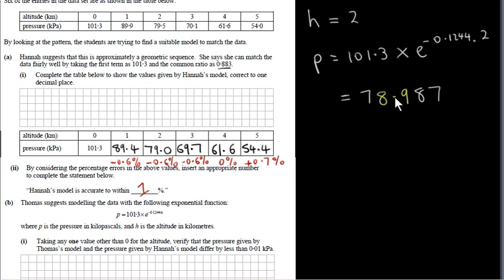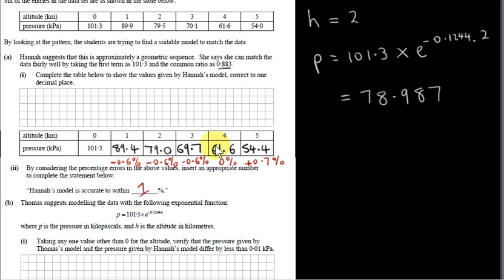Now we want to compare this to Hannah's model. So let's look at the pressure when h is 2 for Hannah's model. Well, from this table here it is 79, but remember this was rounded. To get a more accurate value, we need to go back and see how this value was calculated.